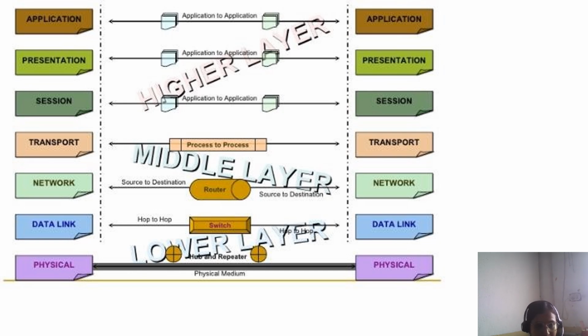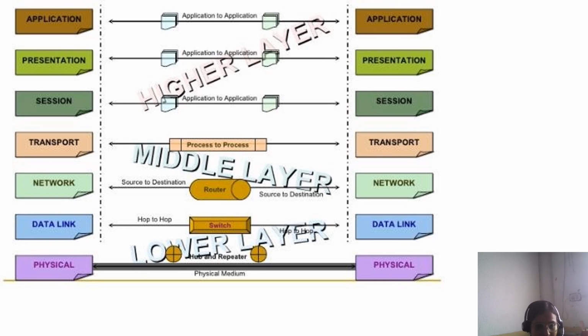And then the last one is the physical layer. The physical layer is the foundation layer that deals with the physical connection. Cables, switches, and signal transmissions are examples of the physical layer.